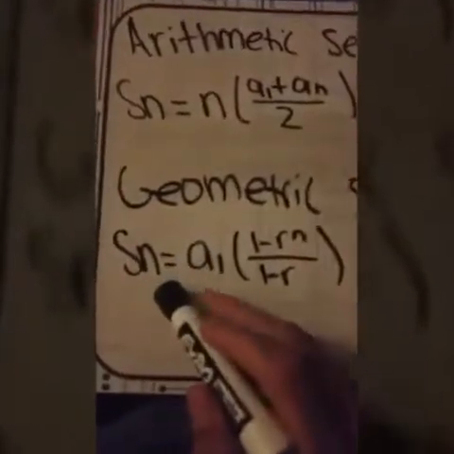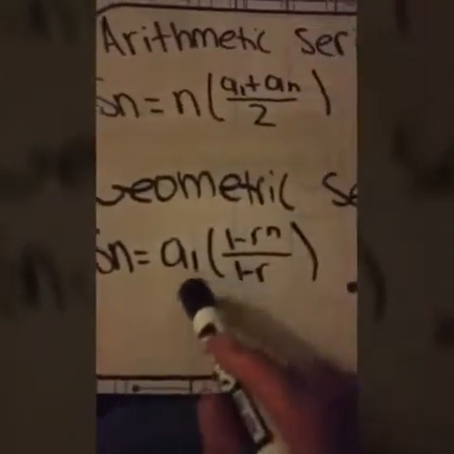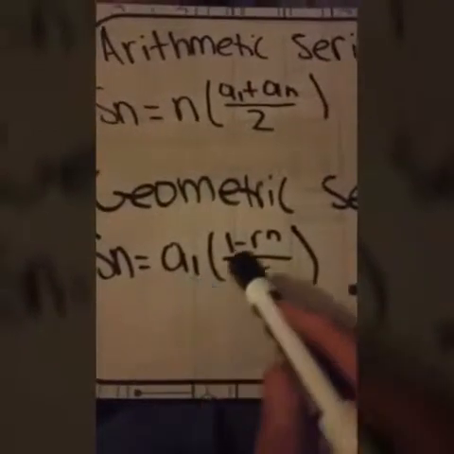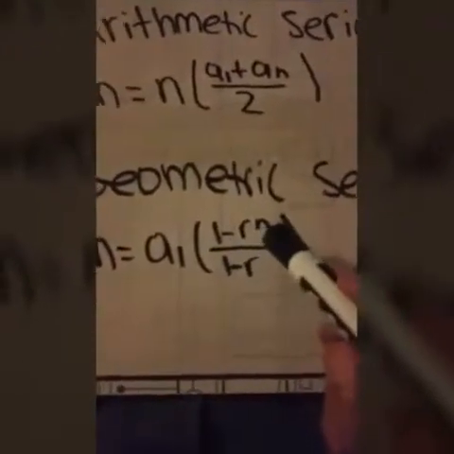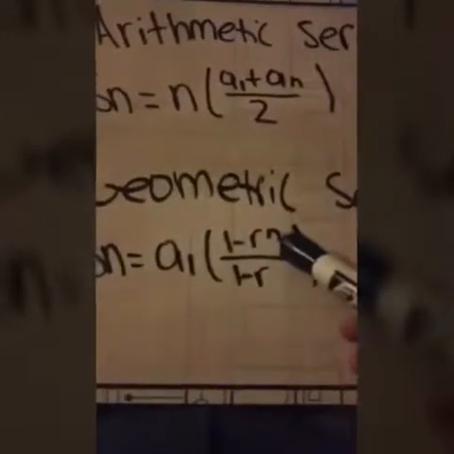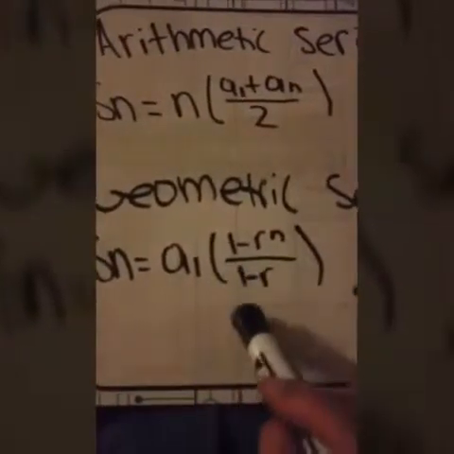In our geometric series, our equation is Sn, which again is the sum of terms, equals A1, your first term, times 1 minus r, which is your common ratio, to the n, your number of terms, over 1 minus r, your ratio.